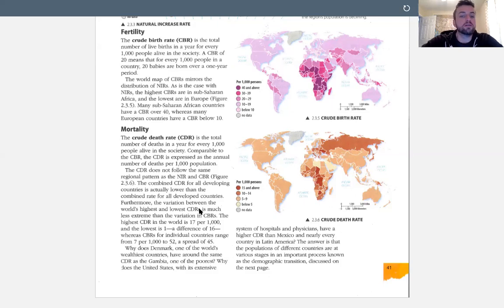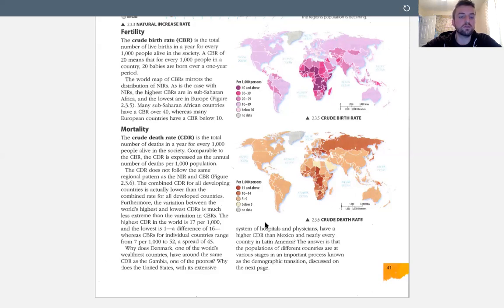The crude death rate does not follow the same regional pattern as the natural increase rate and crude birth rate. The combined crude death rate for all developing countries is actually lower than the combined rate for all developed countries. Furthermore, the variation between the world's highest and lowest crude death rates is much less extreme than the variation in crude birth rates.